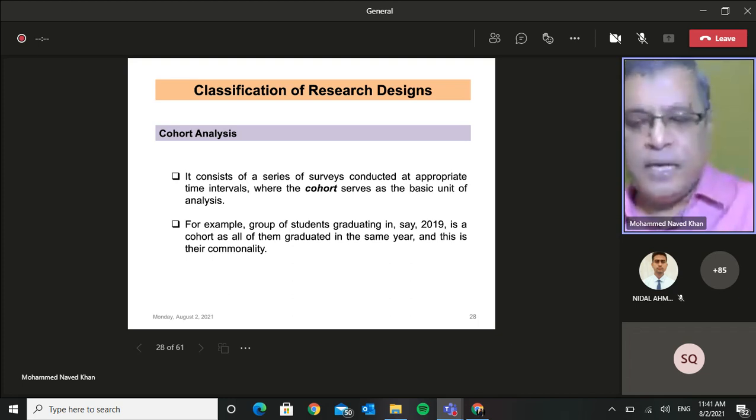For example, the time interval may be 6 months or 1 year, and the cohort will serve as the basic unit of interest from our point of view.